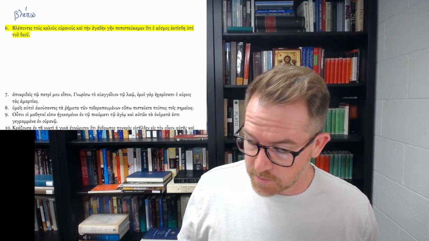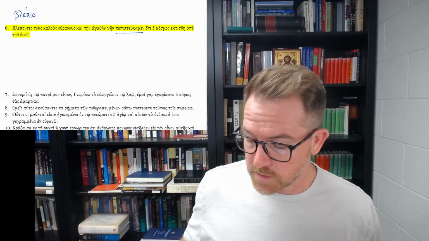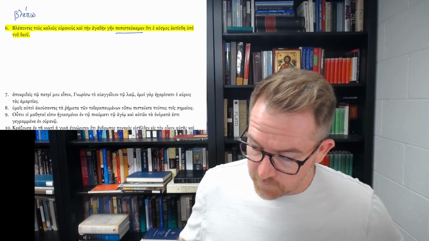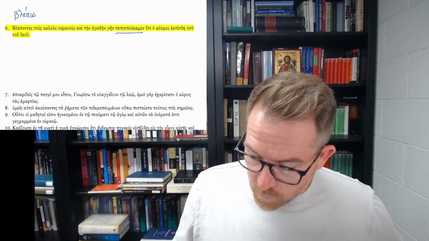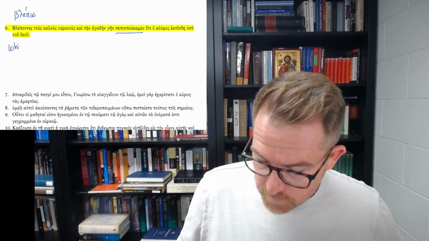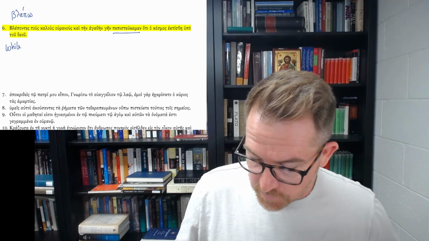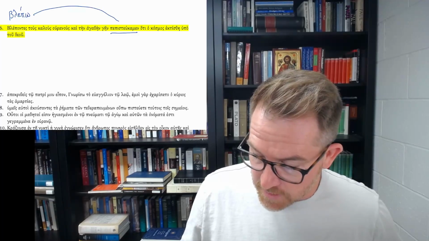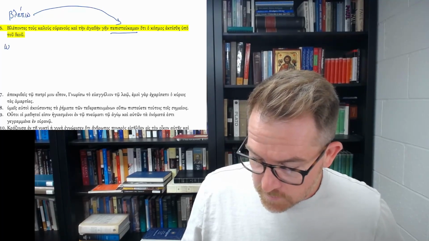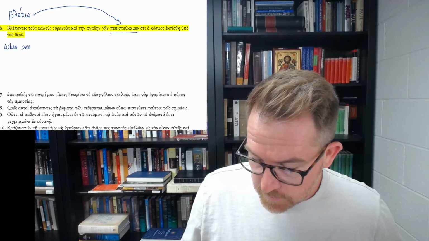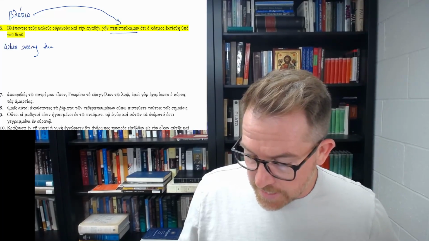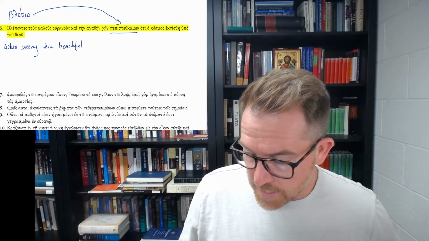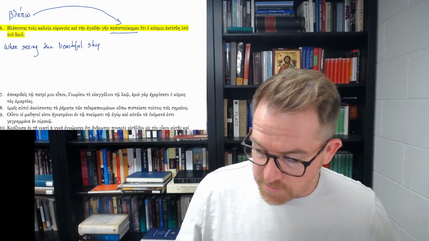Here, pepisteukamen, the first person plural perfect active indicative. So when or while, I think we're going to go with when because we have a perfect main verb. It's happening at the same time. This adverbial participle is happening at the same time as the main verb. When seeing the beautiful skies, and we could say beautiful heavens, beautiful skies, and I'm saying skies because it's plural.